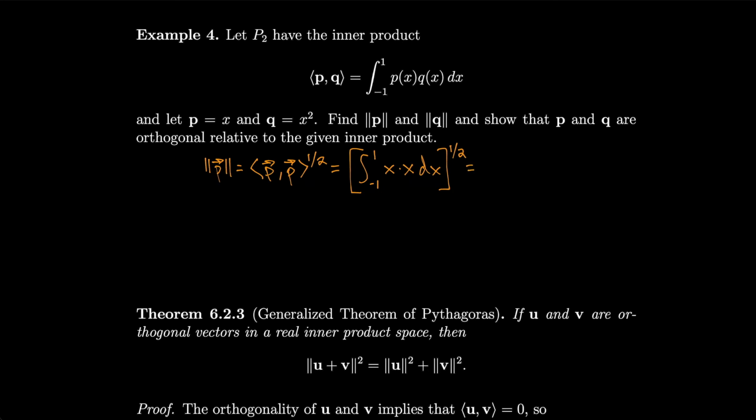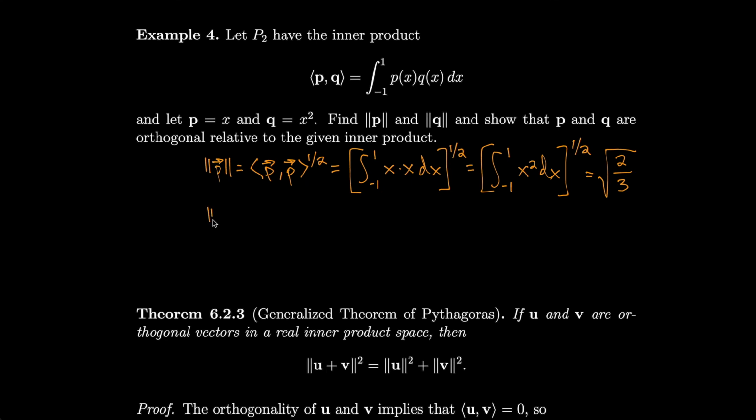So that's the integral from -1 to 1 of x squared dx raised to the half power, which is the square root of 2/3. Right, you get x cubed over 3, plug in 1, so we get 1/3 minus -1/3, 2/3.